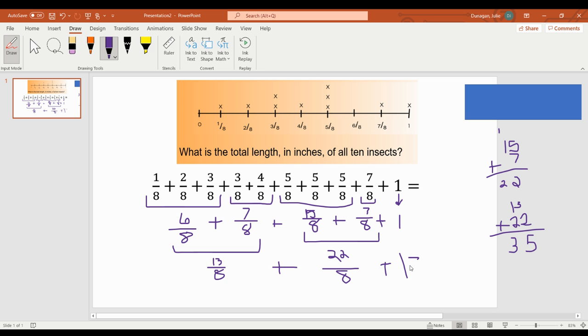So I now have 35 eighths plus 1. And I'm going to leave my 1 over here because I still need to change this fraction from an improper fraction into a mixed number. And we don't have room to do it here, so we'll add a slide.